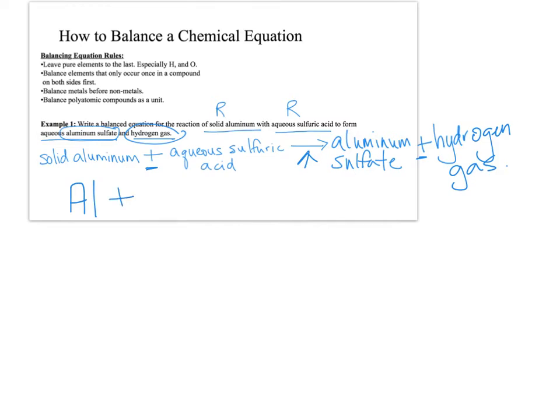Then we're going to add it to aqueous sulfuric acid, and I should put an S here to show that my state of the aluminum is solid before I move on to aqueous sulfuric acid.